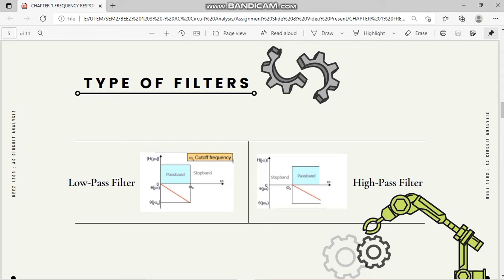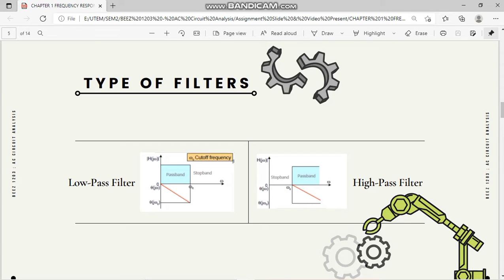So now I will explain the types of filter that I mentioned just now. So we will start from the low pass filter. Low pass filter passes signals at frequency lower than the cut-off frequency from input to the output.